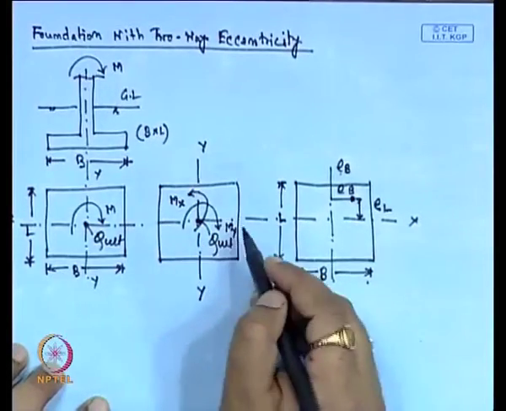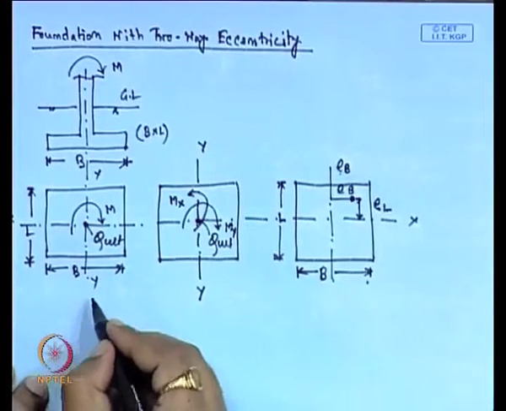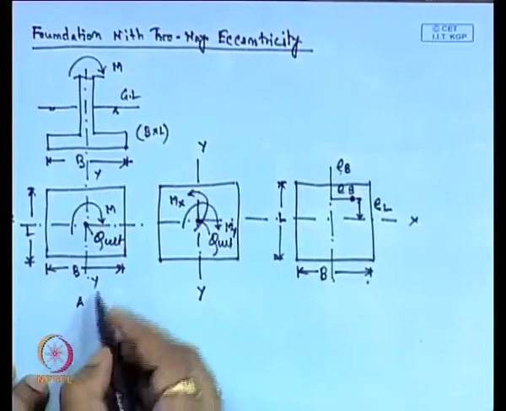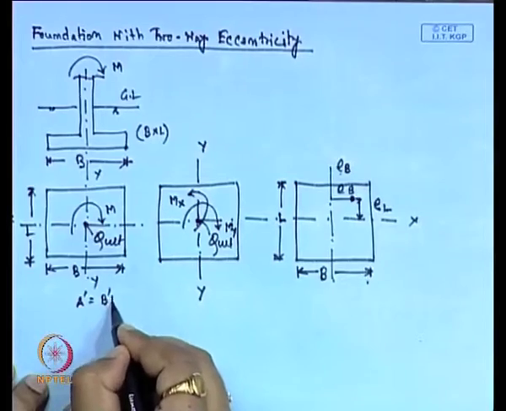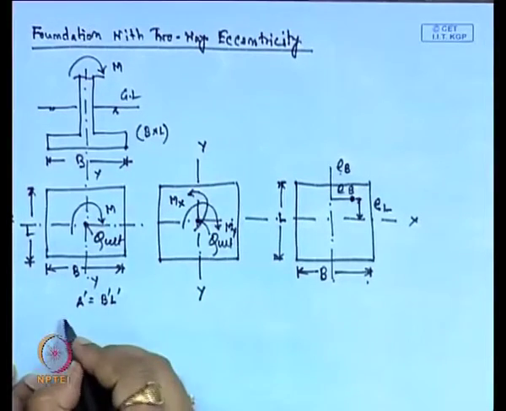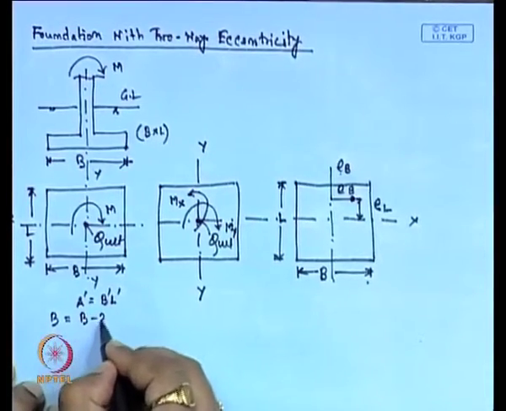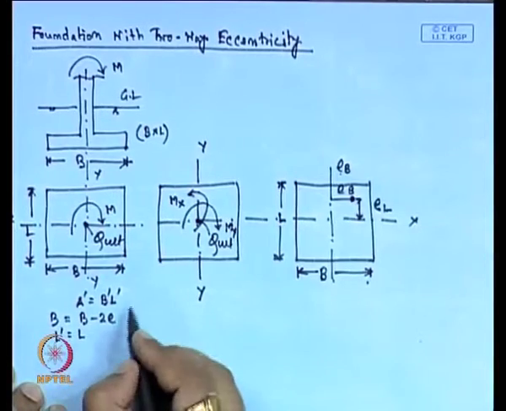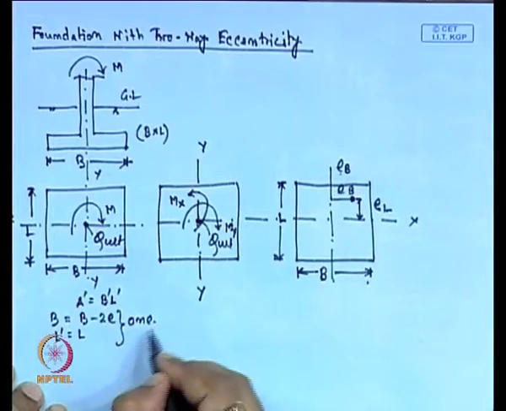So, that means again how to calculate this, because in the previous case, when it was one way eccentricity, our A dash was B dash and L dash, where B dash is equal to B minus 2e and L dash was equal to L, that is for one way.